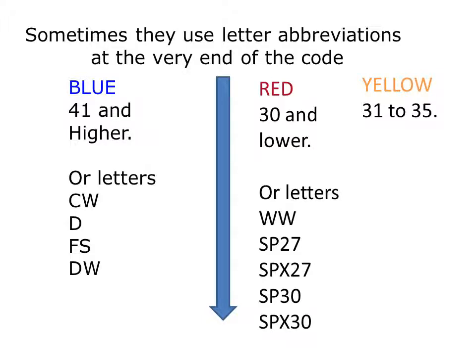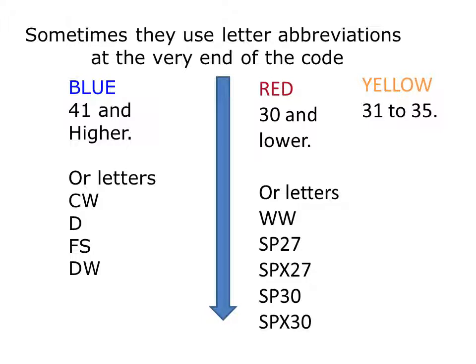Letters WW, SP, SPX, SP30, SPX30, and different numbers that come after the SP and SPX, those will tell you that those are special phosphors. That's what the SP stands for. And special phosphors is just a fancy name for dirt or minerals that coat the inside of a tube.